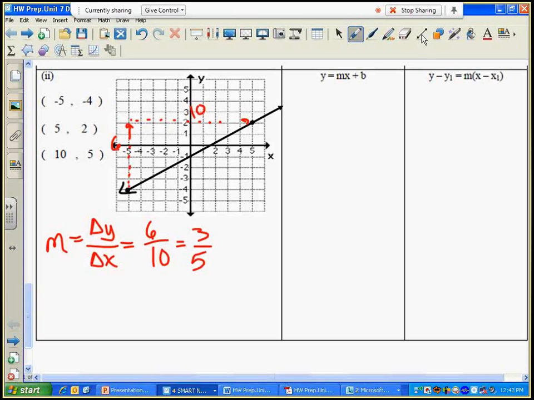Now, go over here to the next column. Use that slope of 3/5 and take one of those order pairs. I don't care which one. Plug it into the equation, and let's see if we get the correct value for b. Go for it. I'm going to choose 5/2.